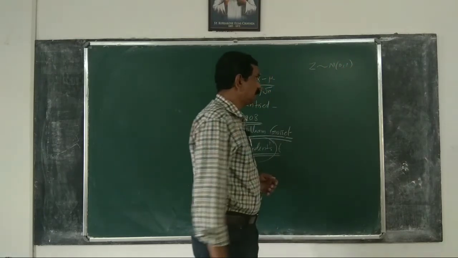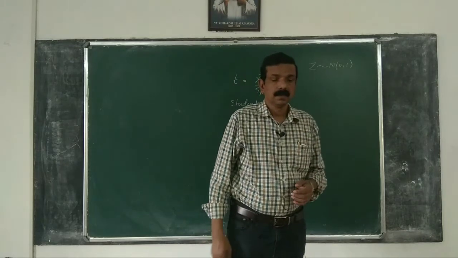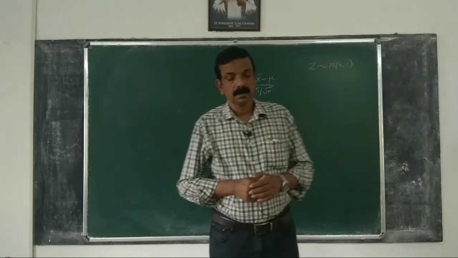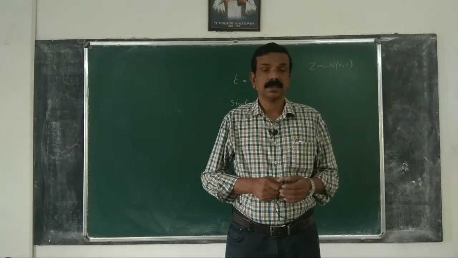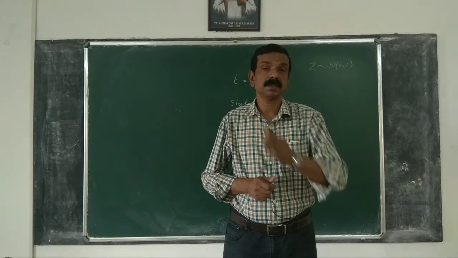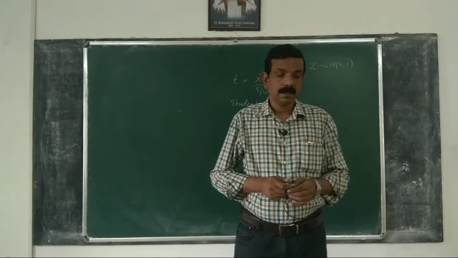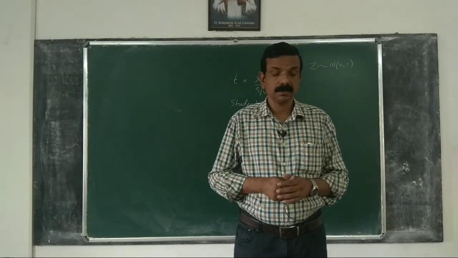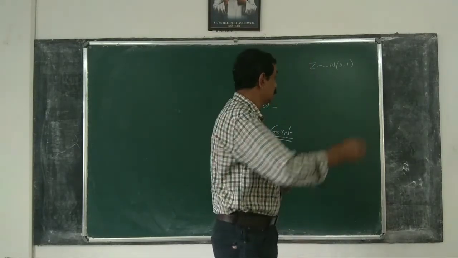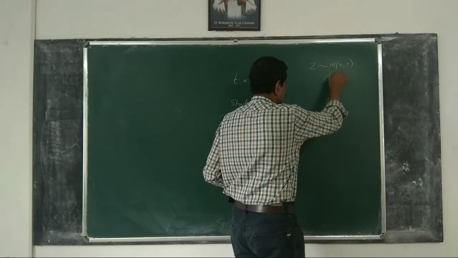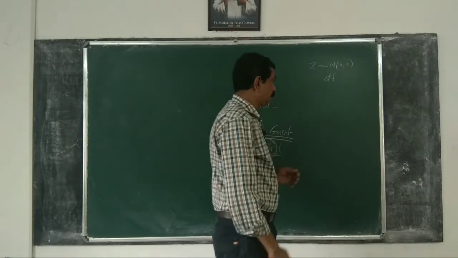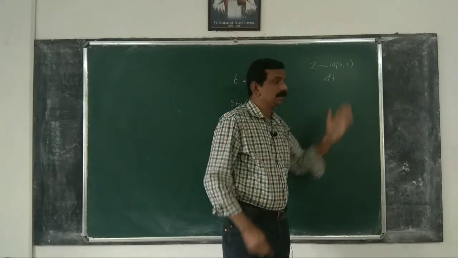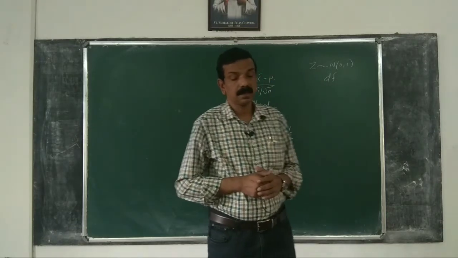Only one standard normal distribution. But there are different T distributions for different sample sizes. And we identify a particular T distribution by its degrees of freedom.